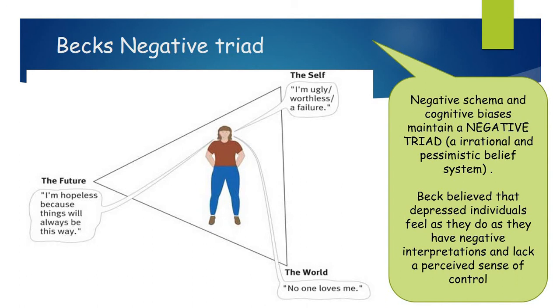So the negative schema can lead to negative biases and maintain a negative triad in this kind of irrational and pessimistic belief system. Beck believed that depressed individuals feel as they do as they have negative interpretations and lack a perceived sense of control. And we've mentioned this idea of a lack of control before, which is very typical of someone suffering with depression.